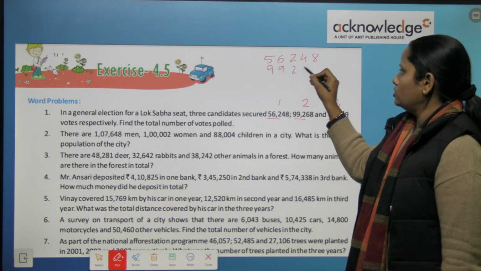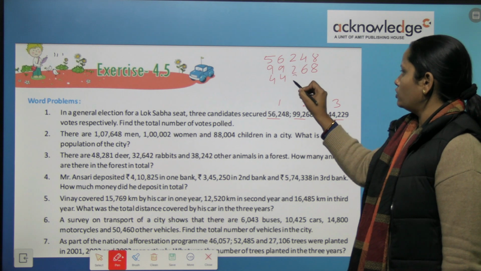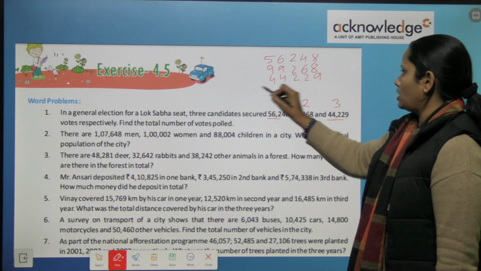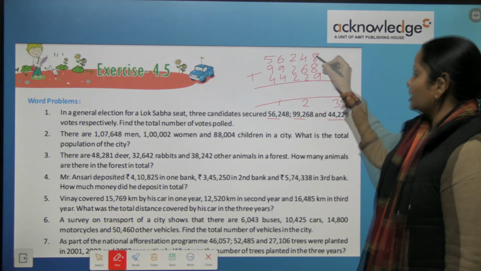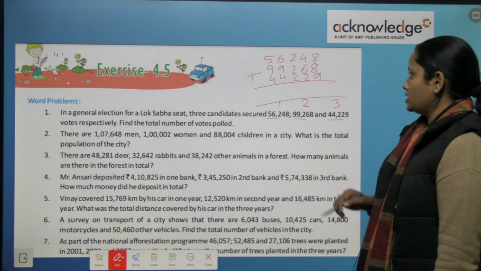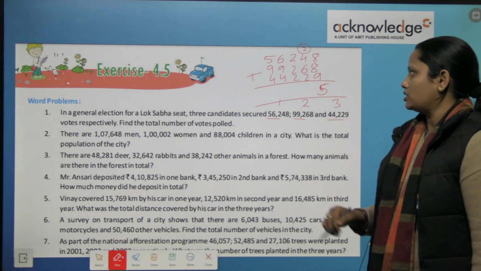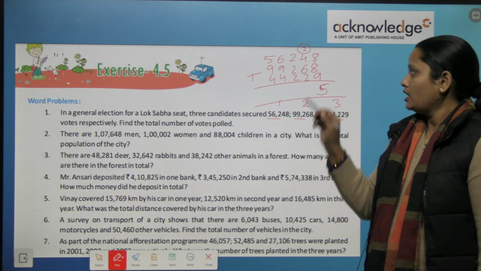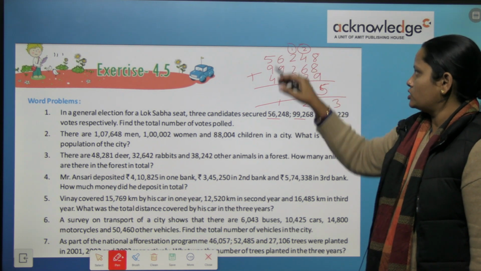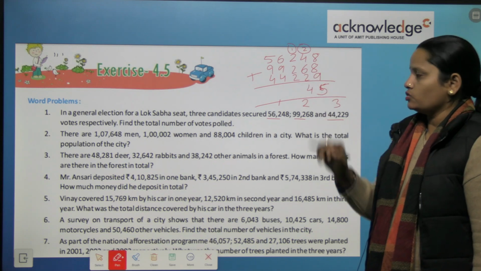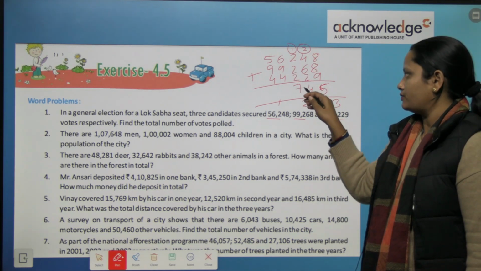99,268. Again 44,229. And when we add all these, the answer will be 8 plus 8 is 16 and 16 plus 9, 2 is added here. 6 plus 4 is 10 and 10 plus 4 is 14. 1 is to be added. 2 plus 2 is 4, 4 plus 2 is 6 and 6 plus 1 is 7.